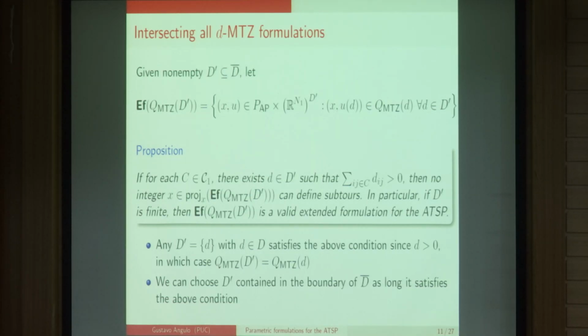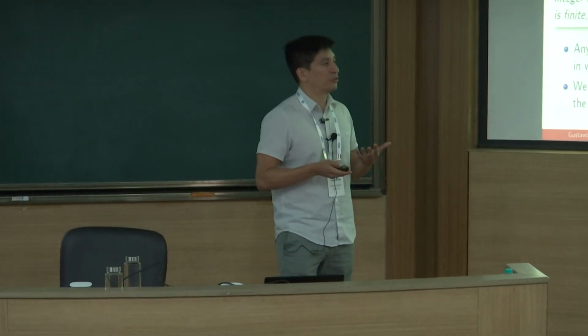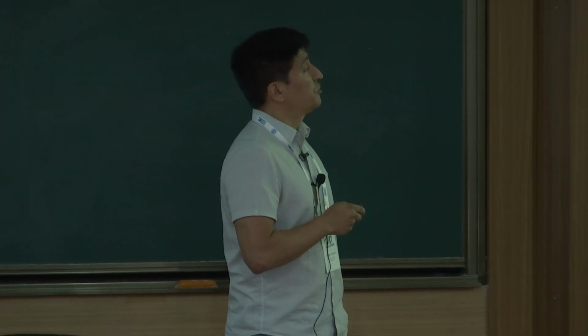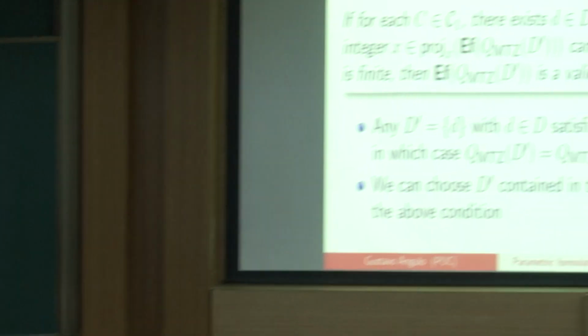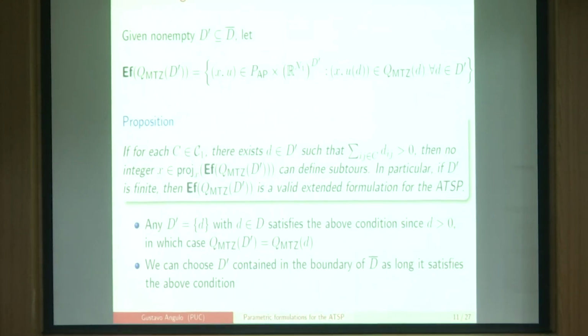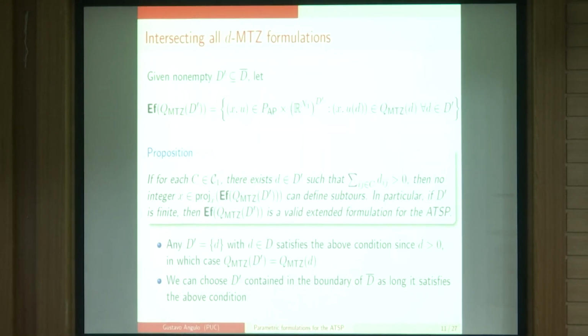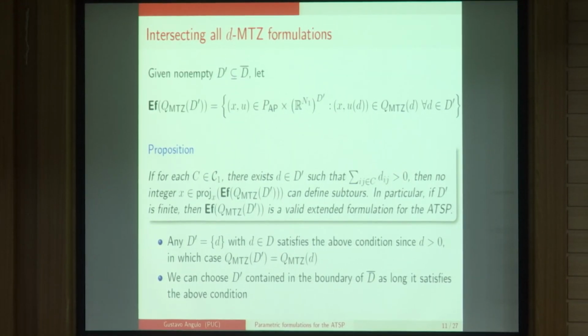What else here? Okay. Notice here that in principle, we could include different choices of our vector D, and we could have extended formulations for different subsets D prime of D bar. What I mean here? Suppose that in D prime I have one single element from D that gives us one particular choice of a formulation. But maybe we could have several choices of D at the same time.